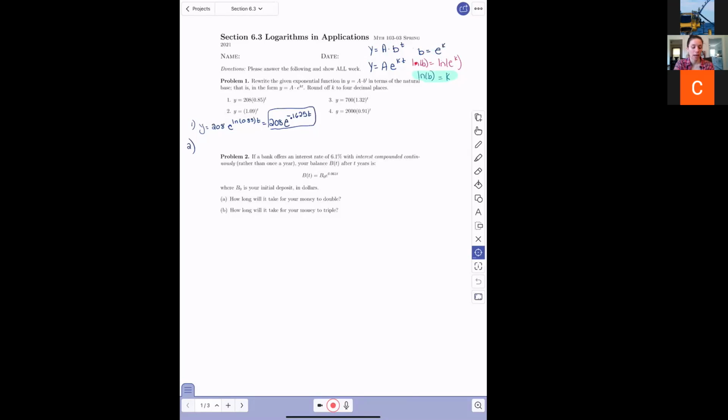So when we solve for k, we got k equals natural log of b. So when I go to put it in the form y equals a times e to the power of kt, a stays the same. We have e, my k is equal to ln b, and then we multiply that times t to get our variable in there. Does that make more sense? Yeah, okay, thank you.